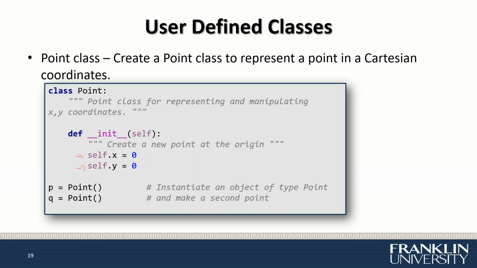So this is the data I want to store for a point. Don't overcomplicate it. We only deal with one point here, not two points, not hundreds of points, just one single point. That single point has an x and y coordinate. And we can instantiate the object by calling Point.